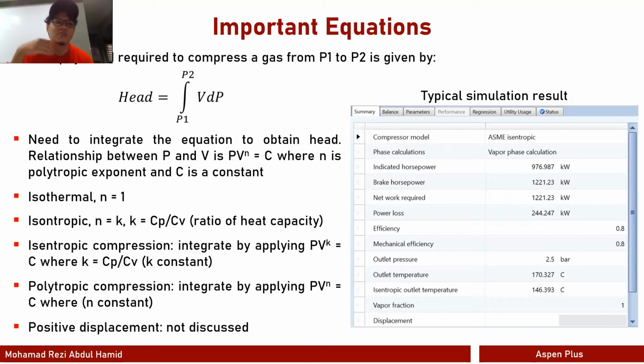And then you click simulate and then you click run, and Aspen Plus should not have any issues converging the result. And 99% of the time you should not have any issues obtaining the result.